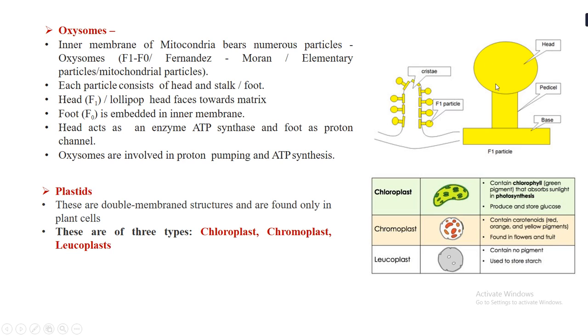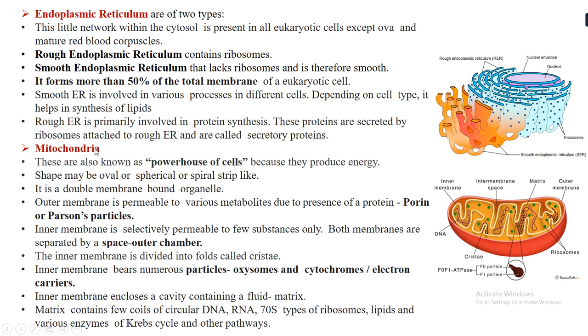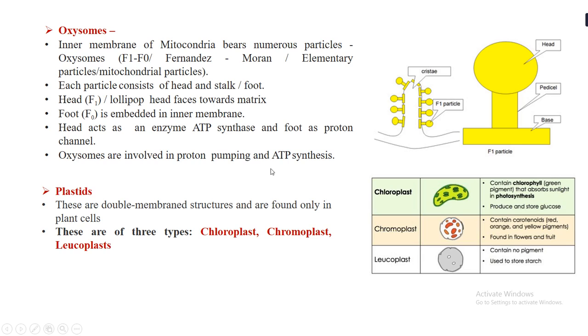The head acts as the enzyme ATP synthase, and the foot are the proton channels, and altogether oxysomes are involved in proton pumping and ATP synthesis, and that is how mitochondria becomes the powerhouse. As it produces energy, it does the transaction of energy by synthesis of ATP. It is considered to be the powerhouse of the cell.